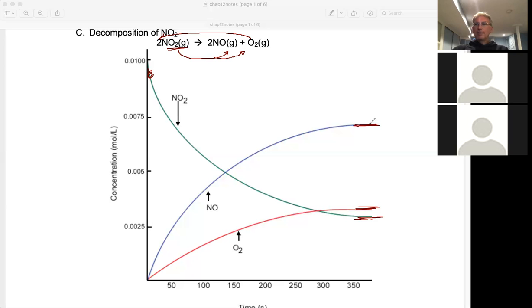They're becoming constant because the number of these guys up here that are falling apart is exactly equal to the number that are coming back together. So the graph over here is complicated, and the graph over here is easy. So we only do initial rates, only.